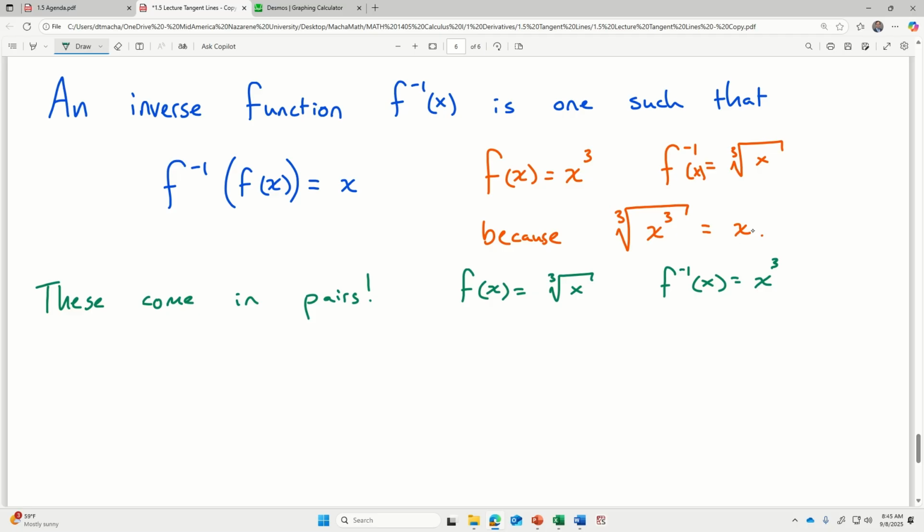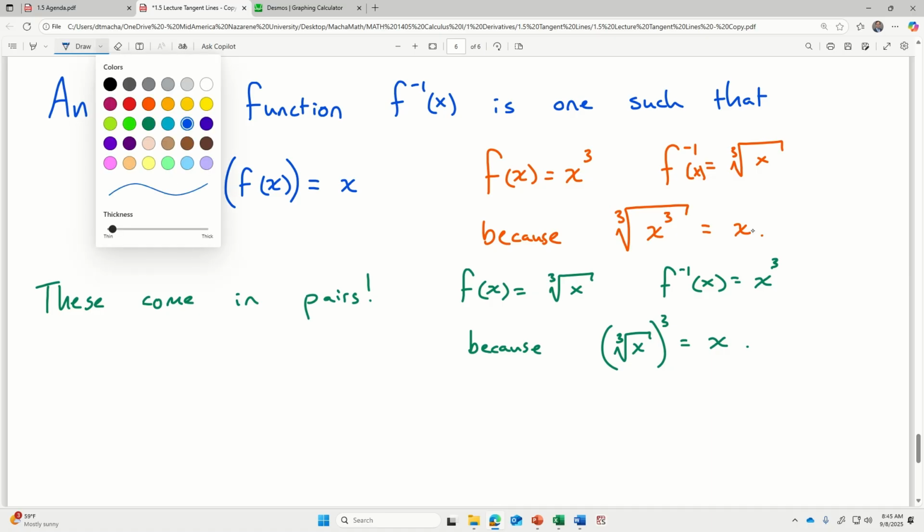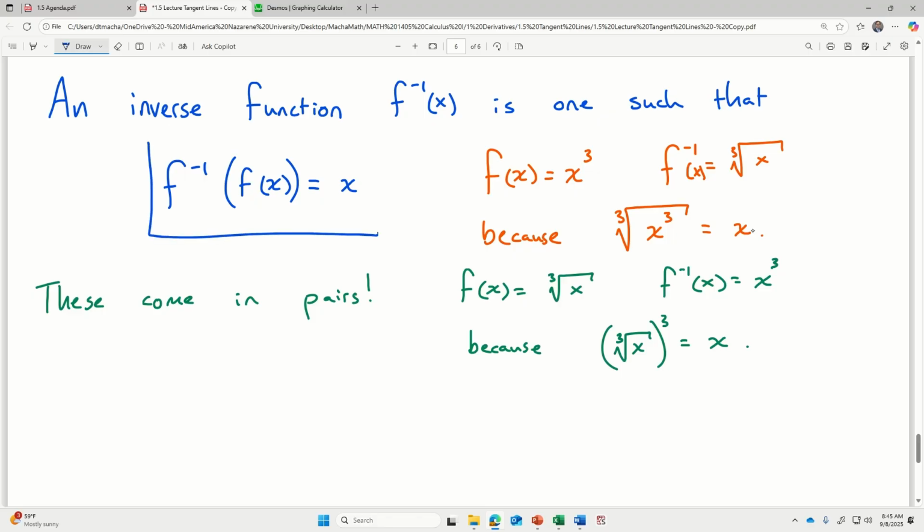The cube root of x and x to the 1/3 power are exactly the same function. If I want the inverse function, it would be x cubed. And this is because if I had the cube root of x composed with x cubed, that just gives me x. And this is the definition of what it means to be an inverse function.